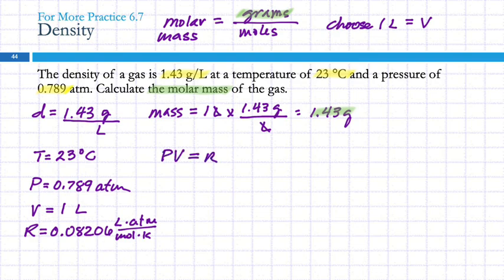PV equals nRT. So this time I'm solving for n, moles. So I'm going to divide both sides by R and T. The moles is going to be equal to the pressure times the volume divided by R times the temperature.